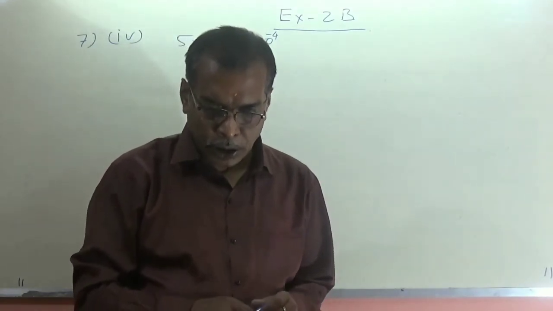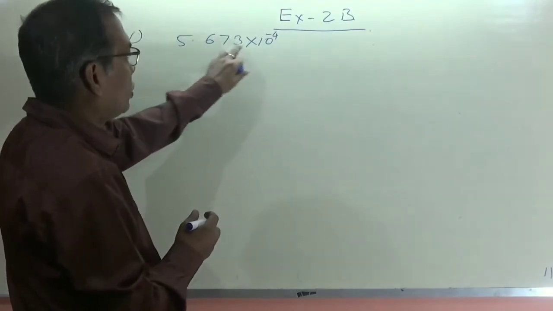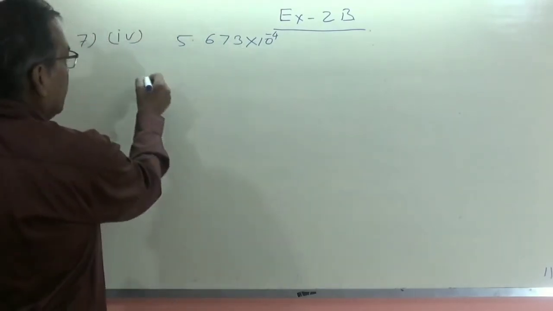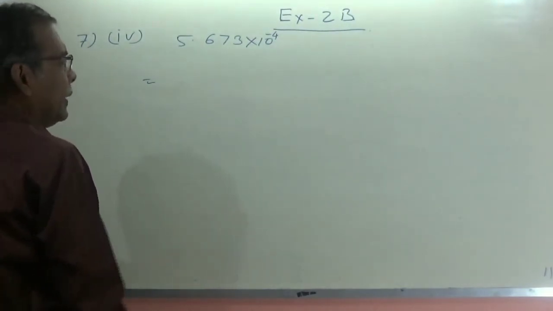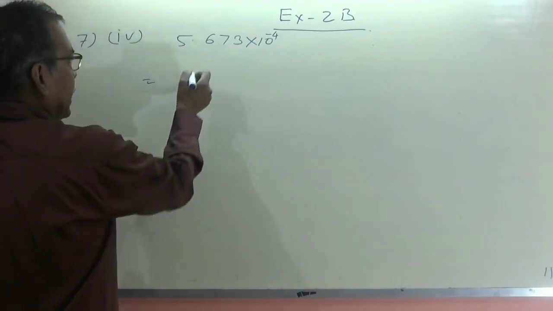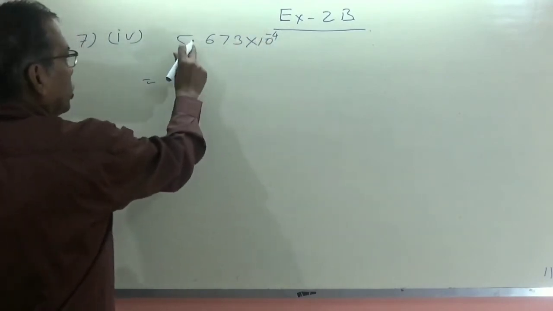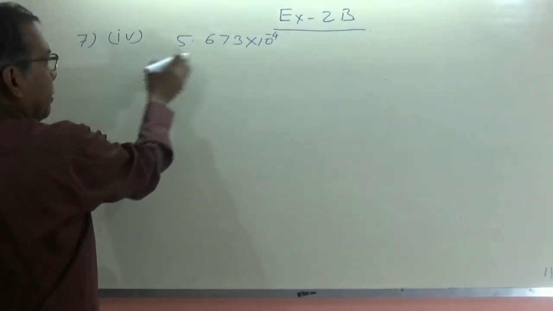What you have to do here is first of all shift these decimals. It will be equal to, or rather you can say in the usual form, that is 10 to the power minus 4. So these decimals you have to shift to the left hand side by 4 digits.